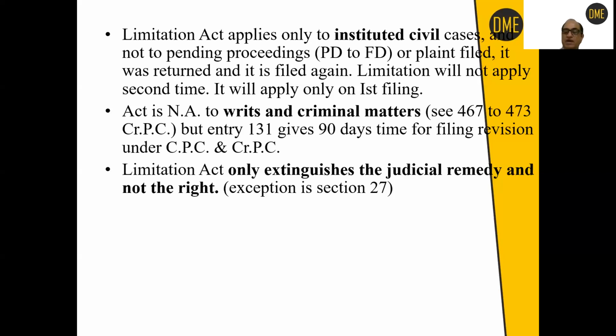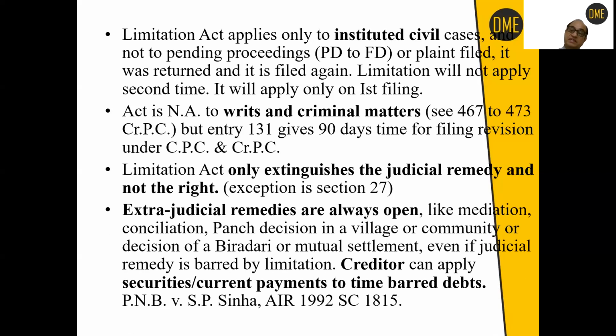The other party acquires ownership by adverse possession. So section 27 of the Limitation Act is an exception to this rule that limitation extinguishes the judicial remedy and not the right.